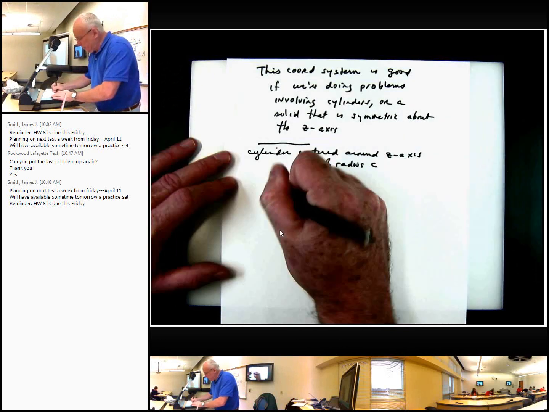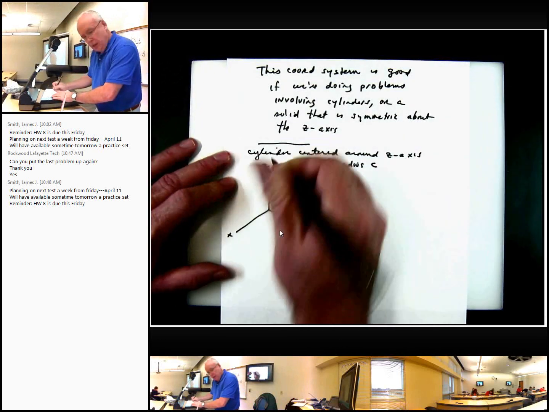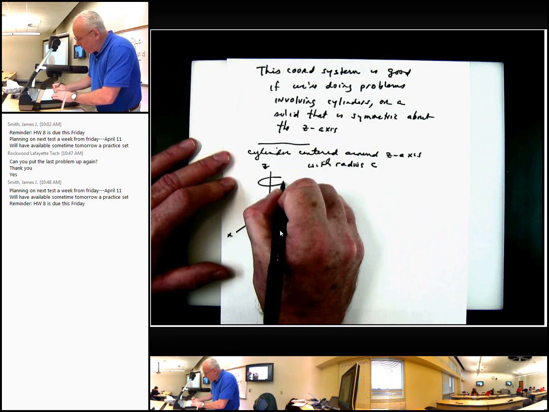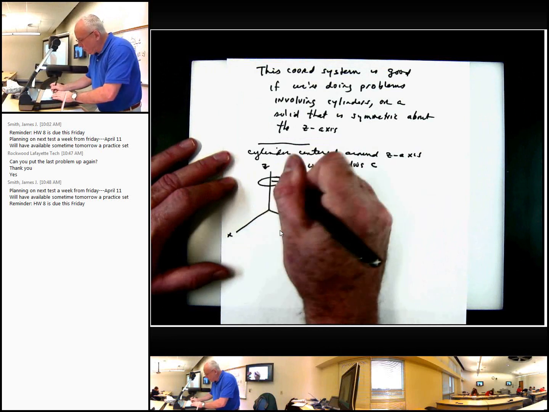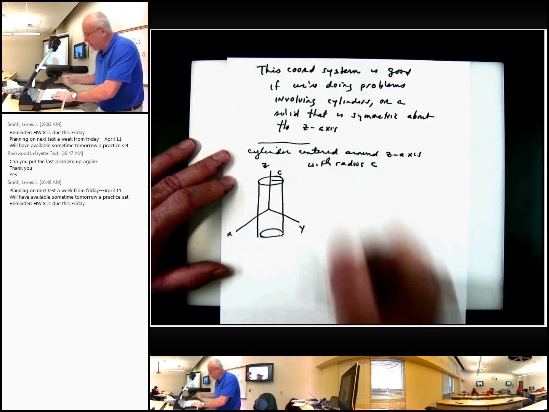So this would be something like this, xyz, cylinder around the z-axis, radius of c goes up and down, like that. Okay.